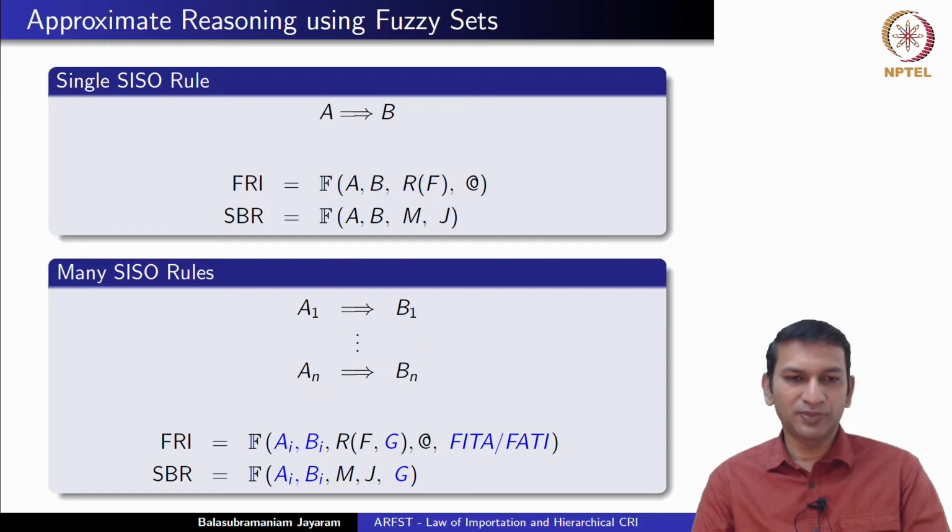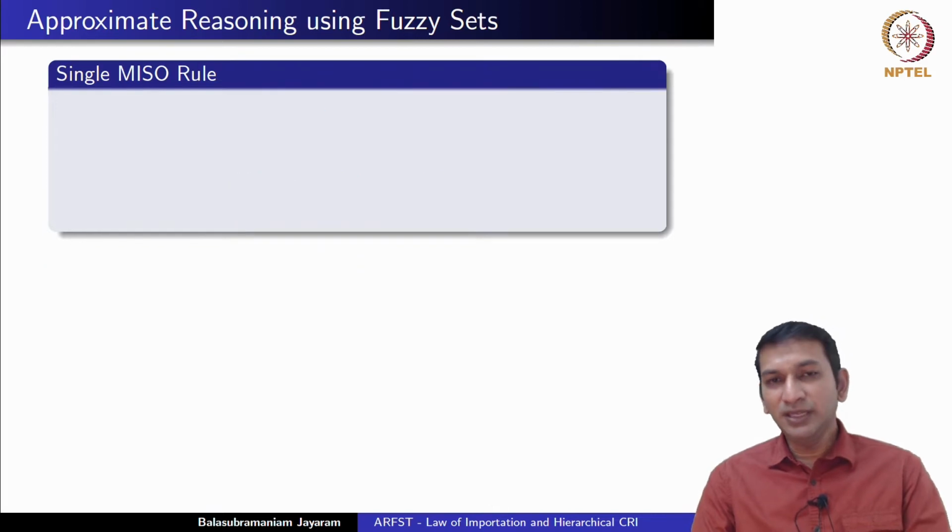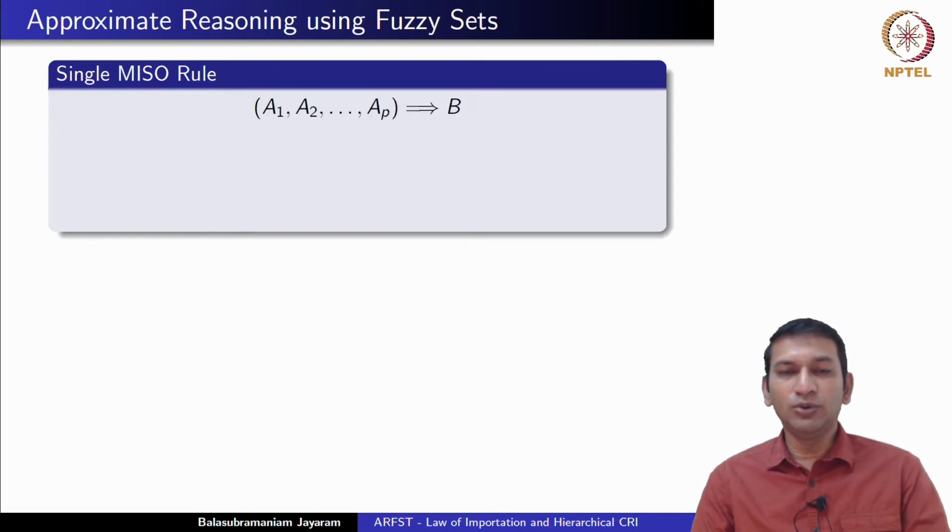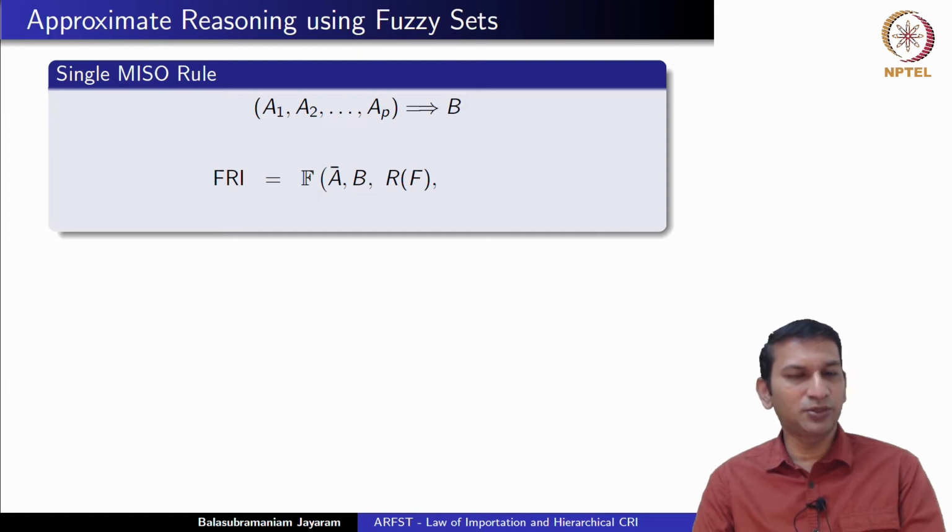Now, if you have a single MISO rule, that means a rule where you have p dimensional inputs, a single rule where we have p antecedents relating to a single consequent. In the case of an FRI, we have this a bar indicating a multidimensional input. We only need a function f to relate the multidimensional antecedent to the consequent, and a composition operator.